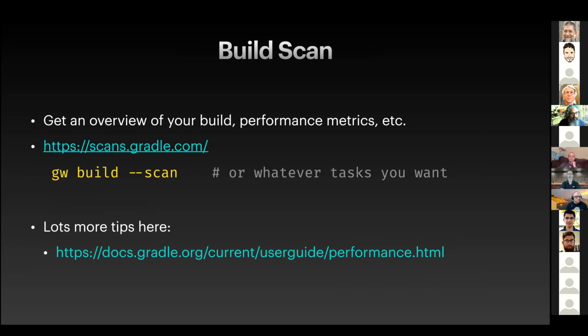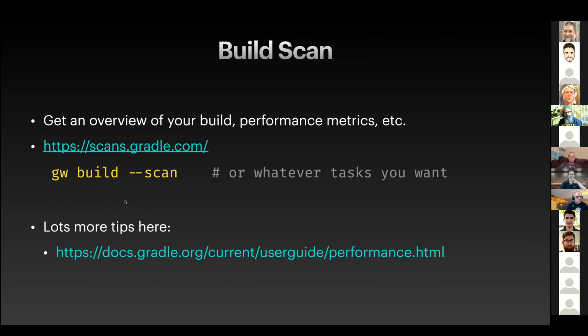All right, this is just the last little bit that I have here. Gradle recently, I think maybe in version 5 or 6, so maybe it's been around for a while, has introduced build scan. What you can do is just run gradle build and put --scan on it. When you do that, it will run your build and submit it to a centralized server. I think it'll give you a link at the end of your build run.